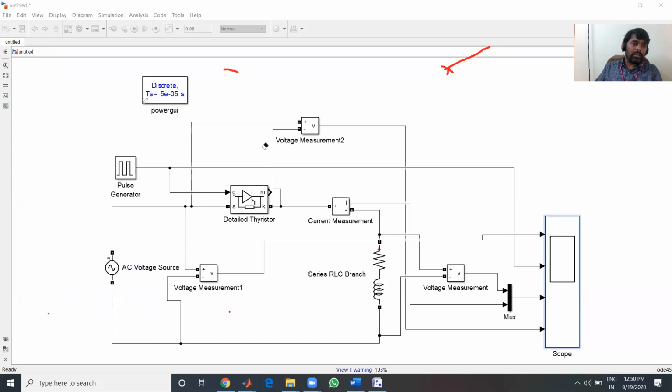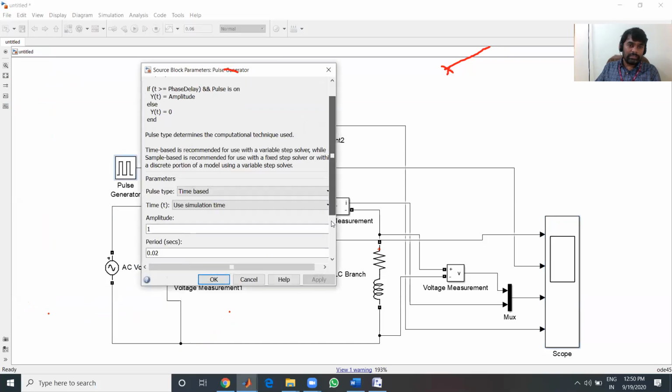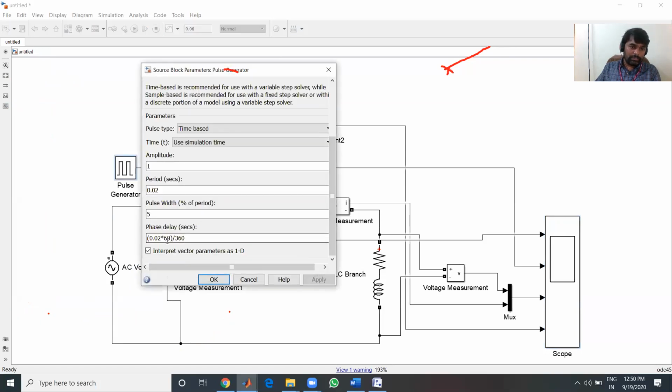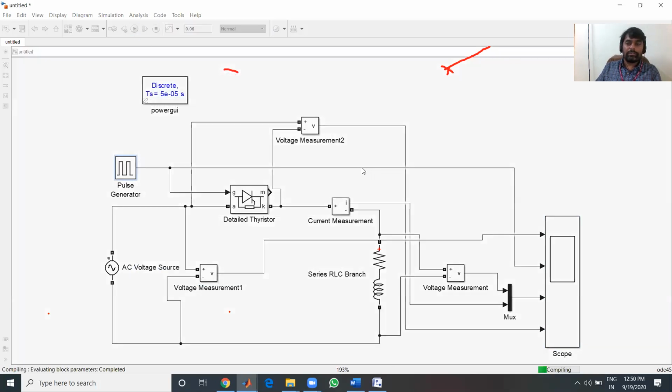Similarly, you can see for 90 degrees also. To go for 90 degrees, you just double click on the pulse generator and replace the 30 with 90. Just click on the run button, and if you click on the scope, you can see this.